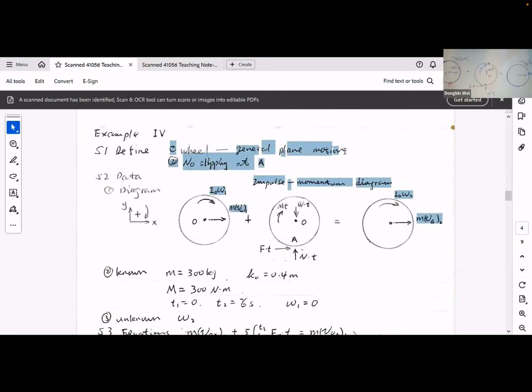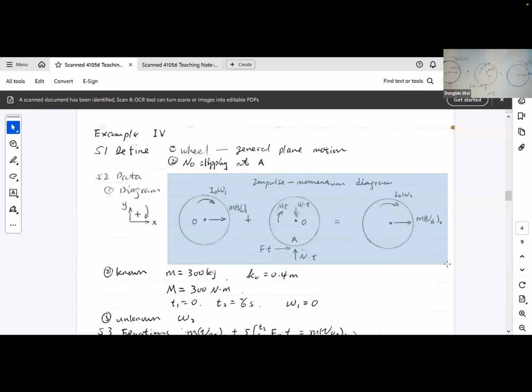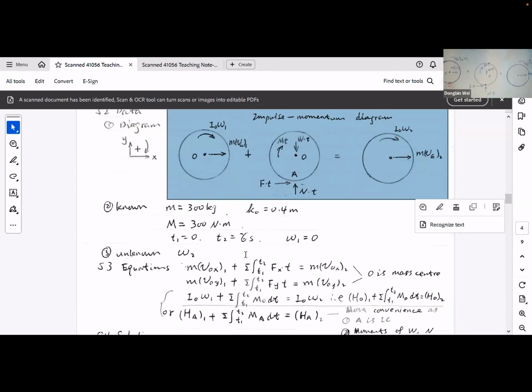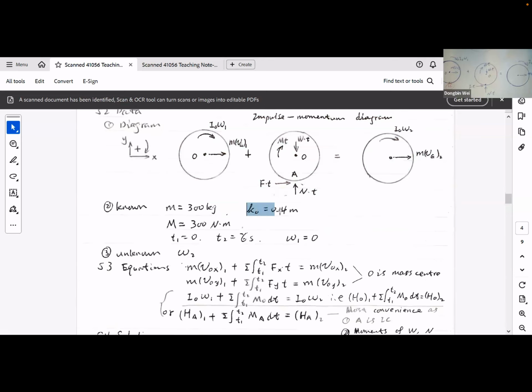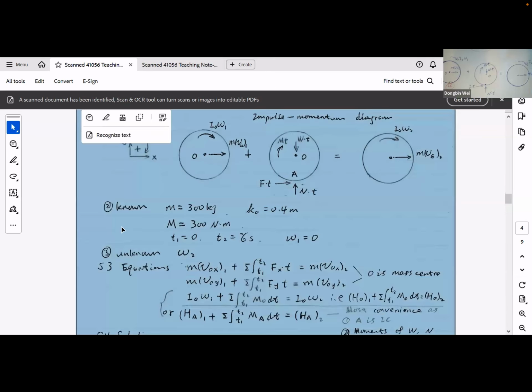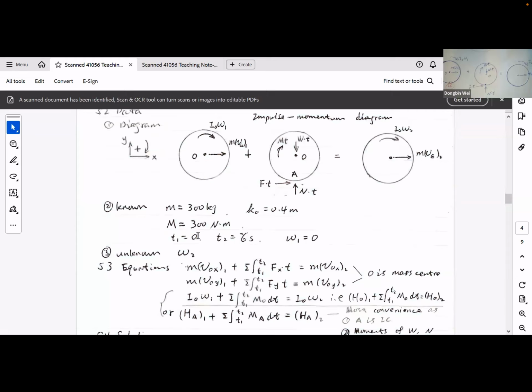So firstly, you can define the general plane motion of this wheel, and because there is no slipping at point A, point A must be the IC point. We have already drawn the impulse momentum diagram. The mass is 300 kg, radius of gyration 0.4. We can use this to easily calculate the MMI of this wheel about the mass center O. And t1 is 0 seconds and t2 is 6 seconds.